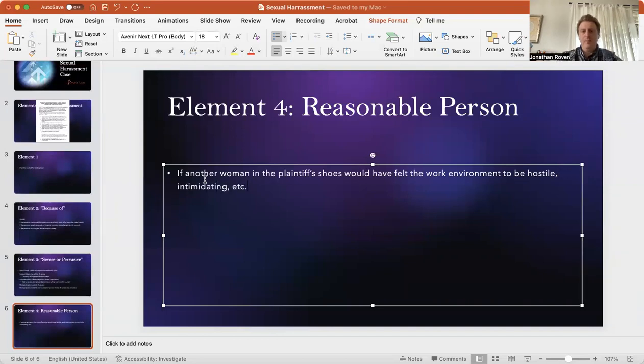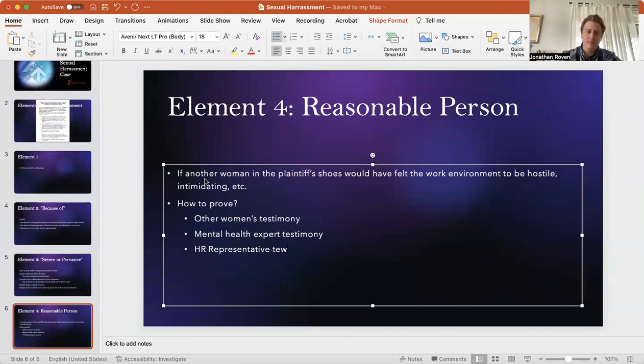and that could be proven by other women's testimony. This can be proven by mental health expert testimony, or it could be done by an HR representative testimony.